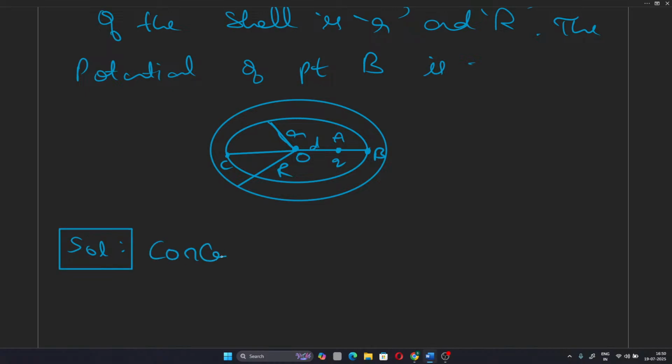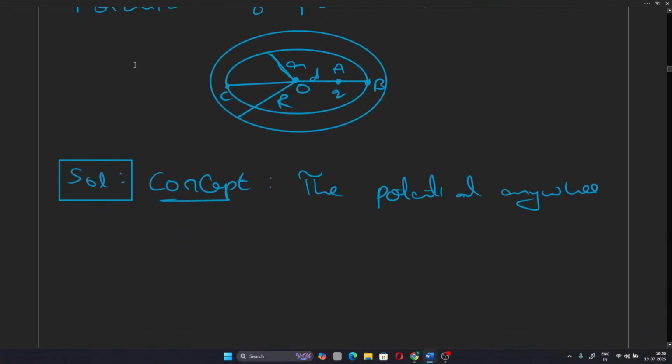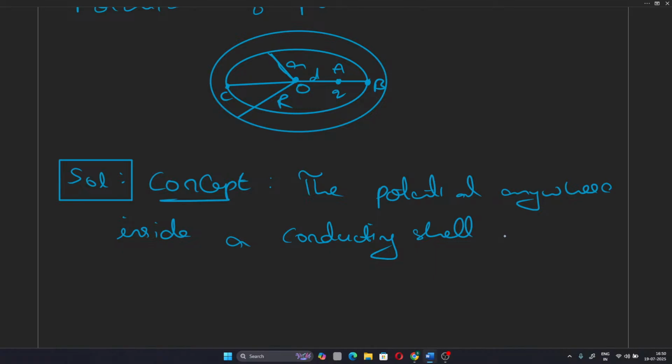The concept is, the potential anywhere inside a conducting shell is always equal to the potential at the surface of the shell.